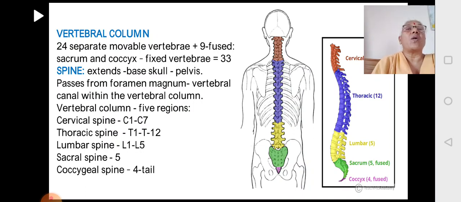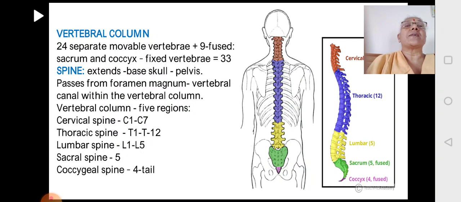This spinal cord will pass through the backbone. In the center of the backbone there is a canal called the vertebral canal, and inside this vertebral canal the spinal cord is located.